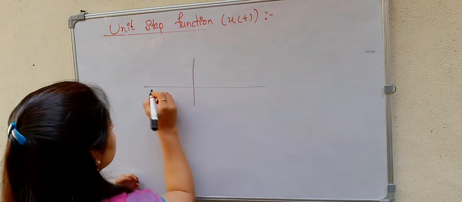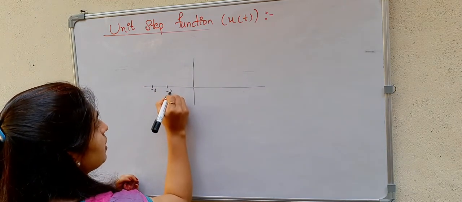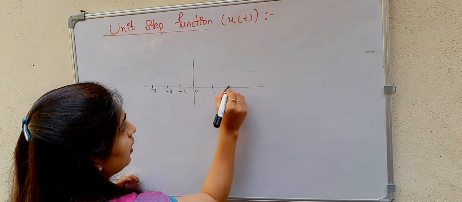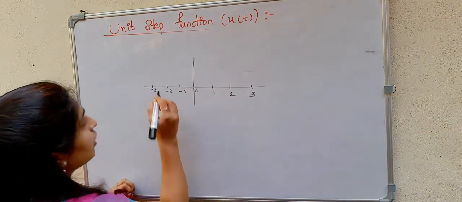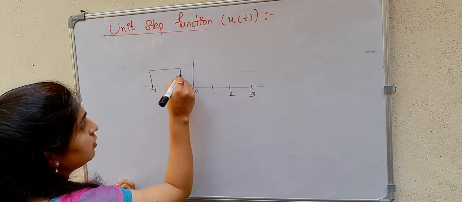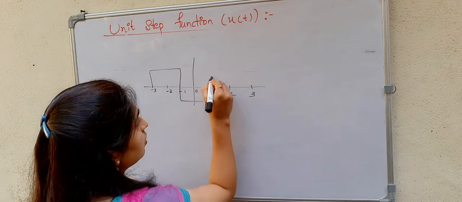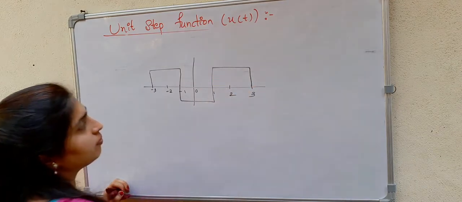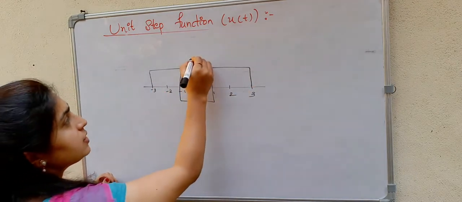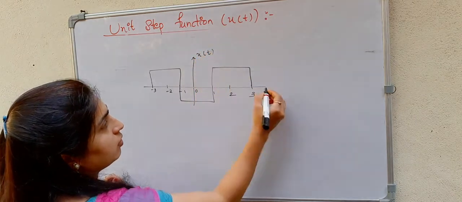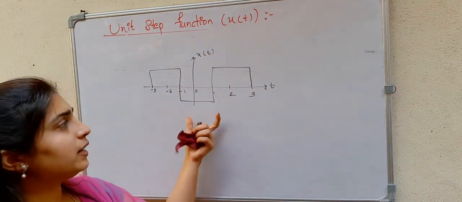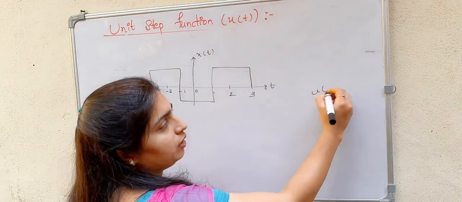See, this is minus 3, this is minus 2, minus 1, 0, 1, 2, 3. Okay, so here I will consider this is a function x of t. Now write this in terms of u of t.